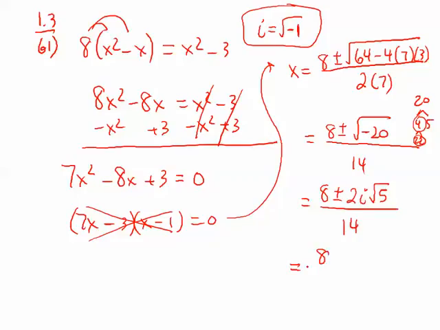Okay, separating them out. 8 goes over here over 14, plus or minus 2 square root of 5 over 14i. Simplifying each one of those by 2, for this one, so 4 over 7, plus or minus, and this also by 2. That's a 1, that's a 7, so technically a 1 times root 5 is just root 5 over 7i.